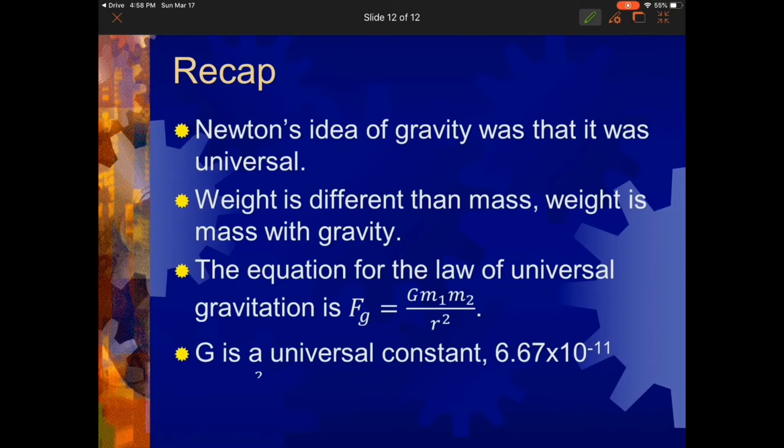We know that the equation for the law of universal gravitation is Fg equals G times m1 times m2 over r squared. And we know that the universal constant, which is G, is 6.67 times 10 to the negative 11th. And we know how to calculate all of this fun stuff.